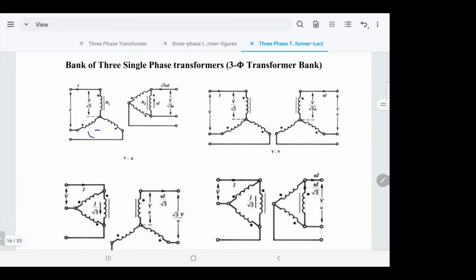Delta is the opposite. The voltage between line and line is the same as the phase voltage, but the line current is bigger than the phase current because two currents are involved, by square root of 3. And of course, there is the angle difference of 30 degrees, plus or minus, as we discussed before. So keep this in mind.